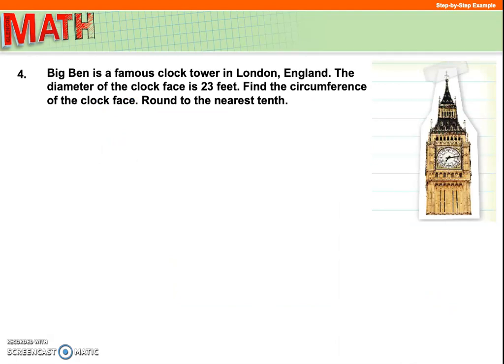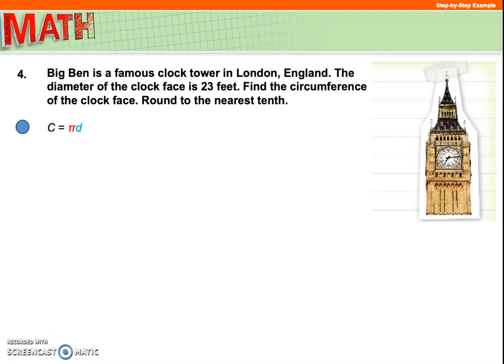Big Ben, a famous clock tower in London, England. The diameter of the clock face is 23 feet, so the diameter all the way across is 23. Find the circumference of the clock face and round it to the nearest tenth.